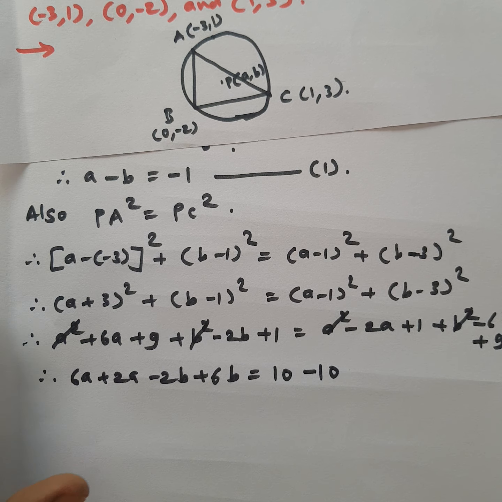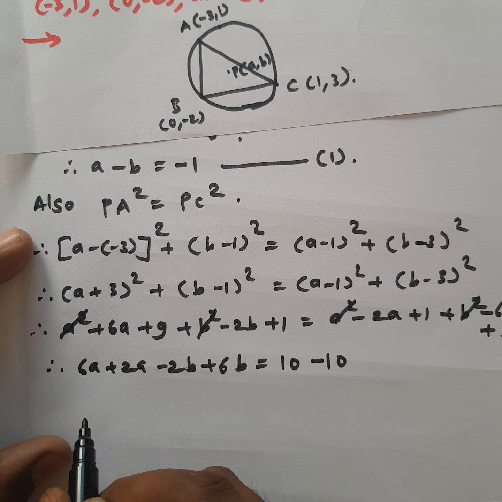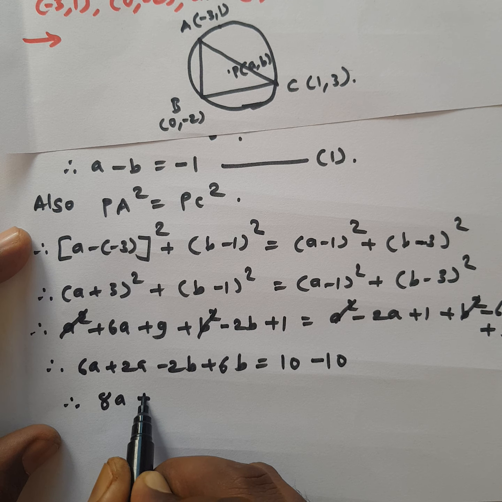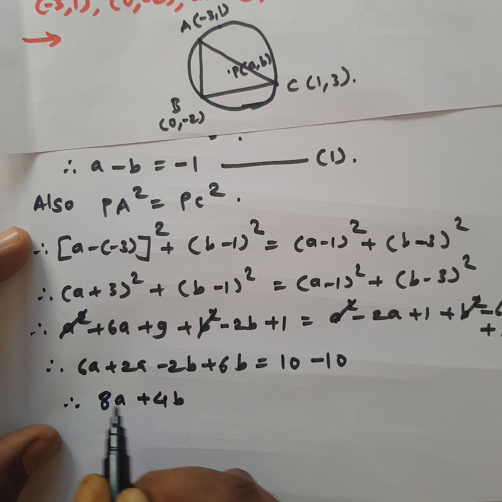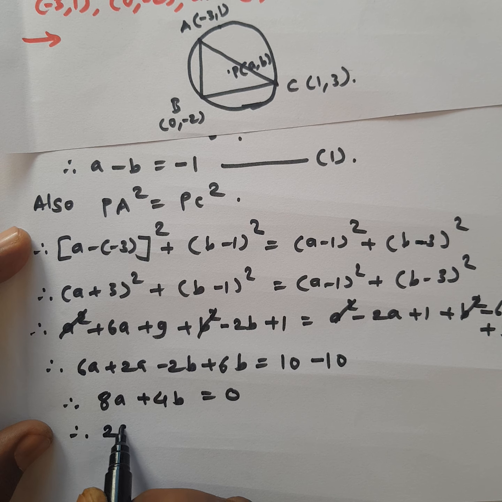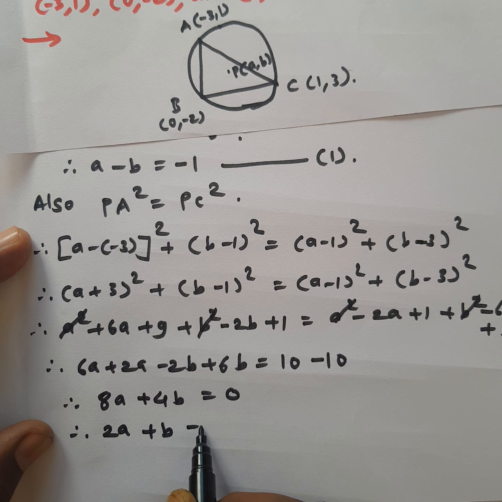After changing side it will be minus 10. Therefore 8a plus 4b is equal to 0, means 2a plus b is equal to 0.